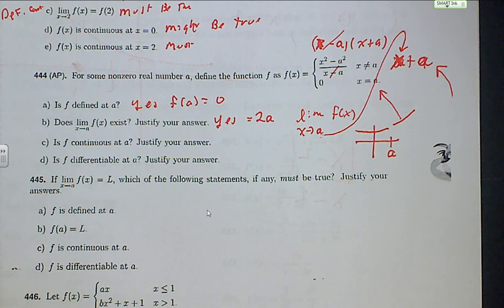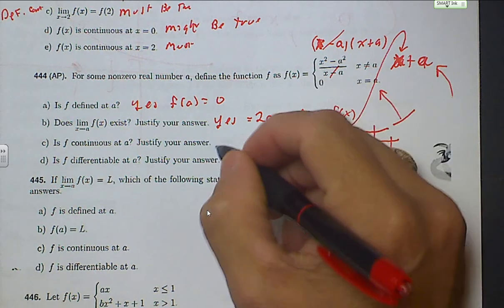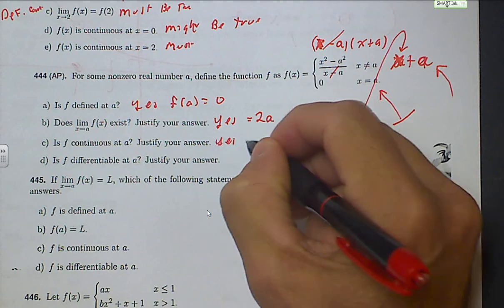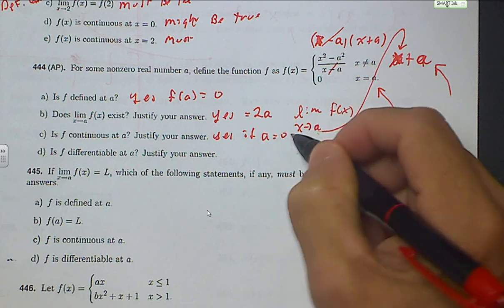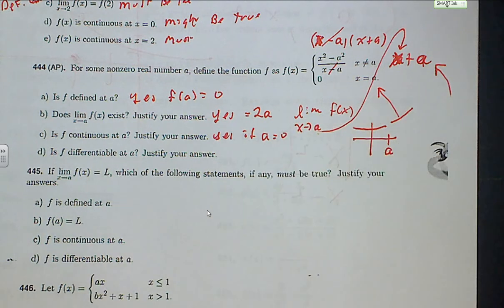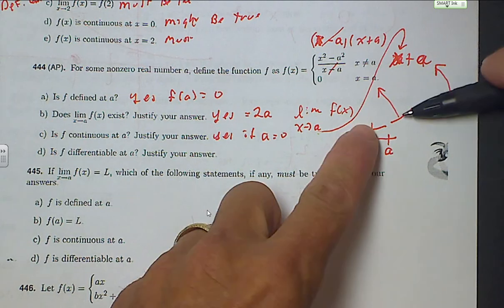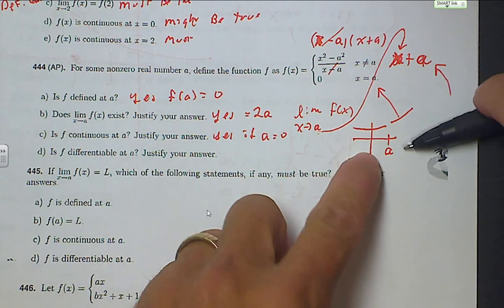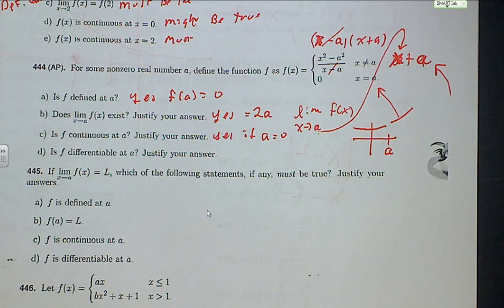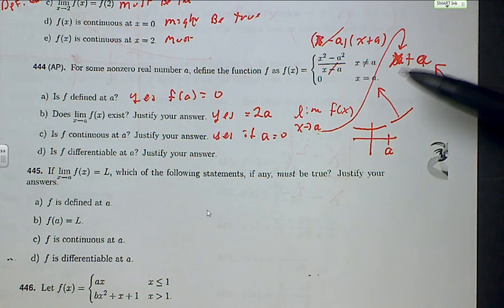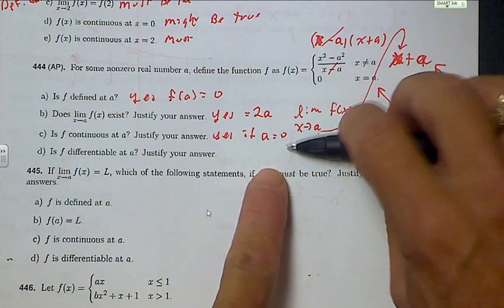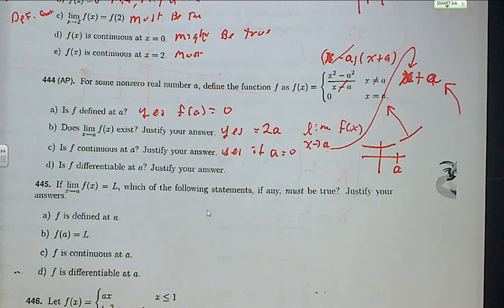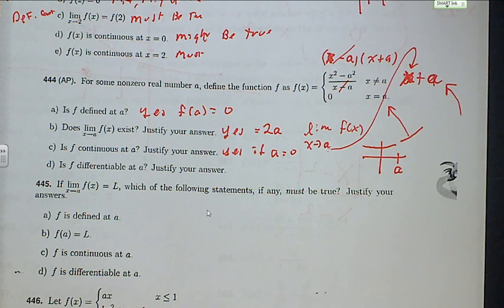This would be true only if a equals 0, because that would shift all of this down right here to where it would match. See, the limit was 2a, so if a equals 0, then they would match. Because that's the rule, right? In order for it to be continuous, the limit has to match the value of the function at that x coordinate.